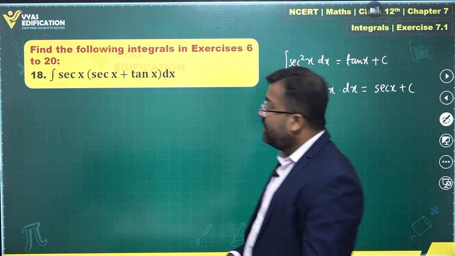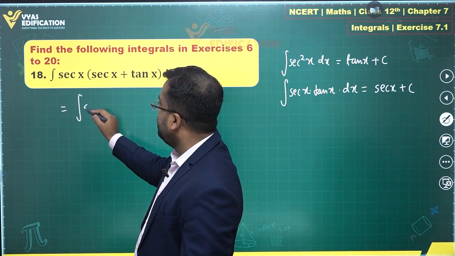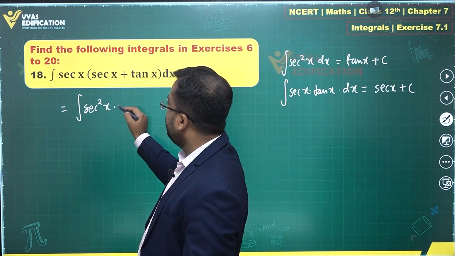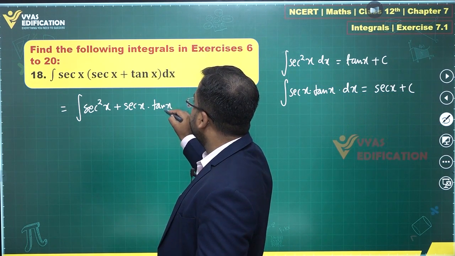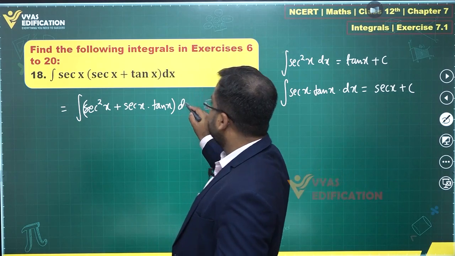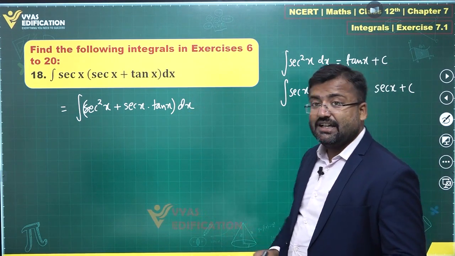So in this question, multiplying the sec x inside, you are actually seeing sec^2 x plus sec x tan x.